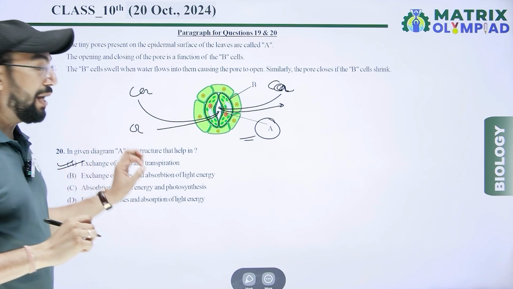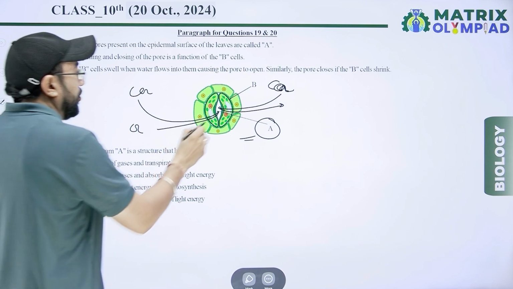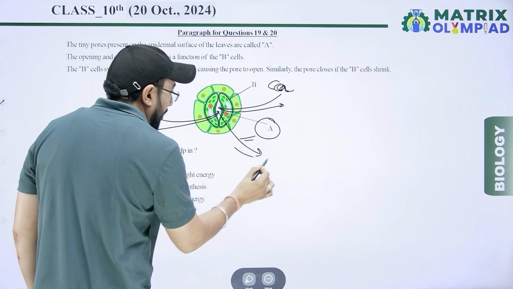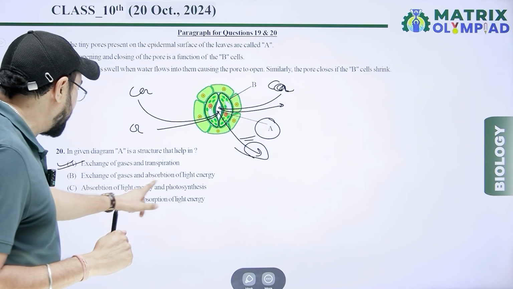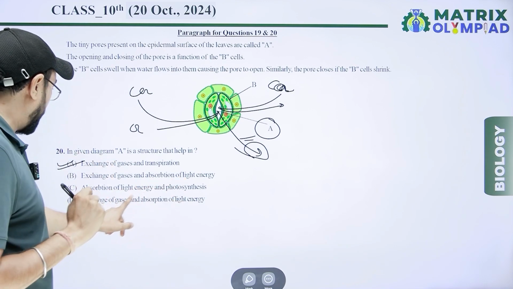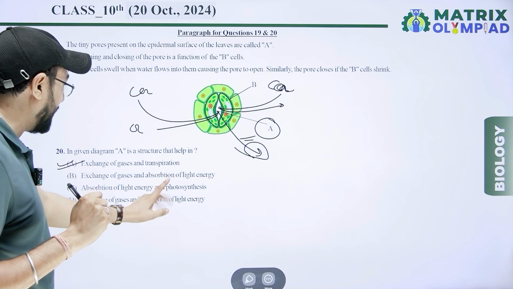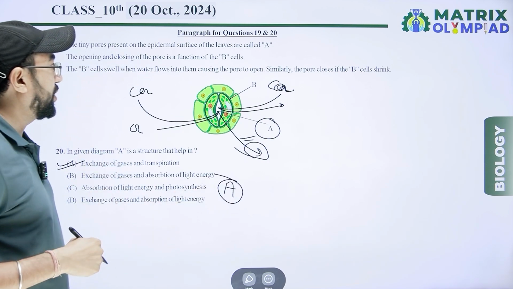So it helps in exchange of gases and transpiration, water vapor going outside from this pore. The other options, exchange of gases and absorption of light, or absorption of light and photosynthesis, are wrong. Option A is the correct answer for this question.